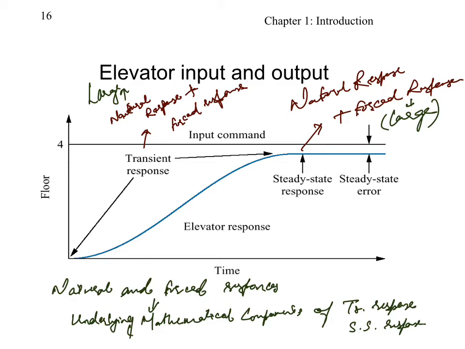The transient response is the sum of natural and forced responses, where the natural response is large in this case. The steady state response is also the sum of the natural and forced responses, but the natural response is small in this case. So the response that we are getting is the transient and the steady state response. These are the underlying mathematical components of these responses.